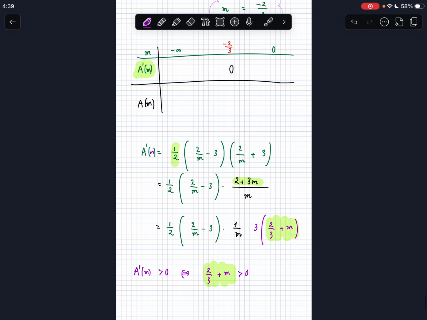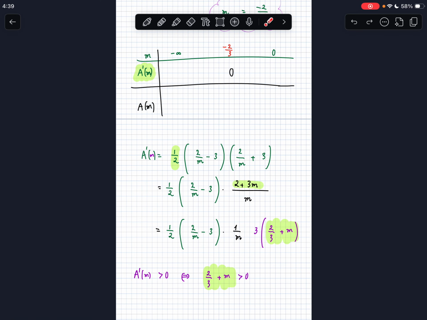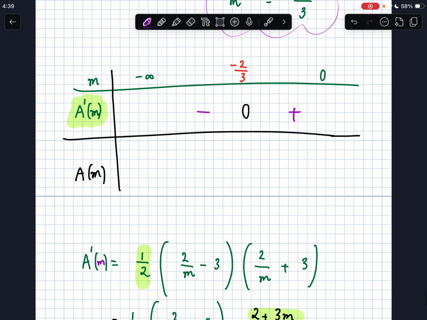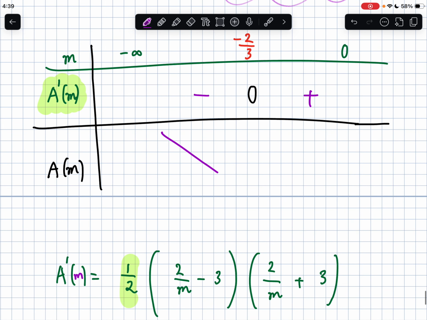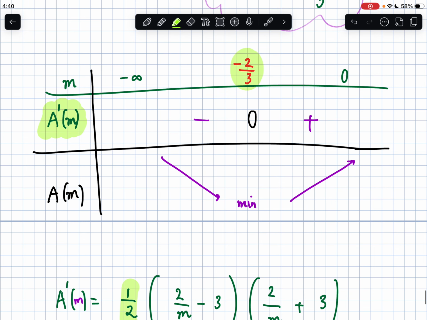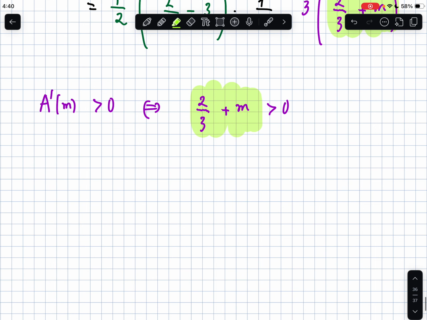As you see, it is positive when m is bigger than negative 2 over 3, and negative when m is smaller than that. So A is decreasing here, increasing here. So the area is minimum when m equals negative 2 over 3.